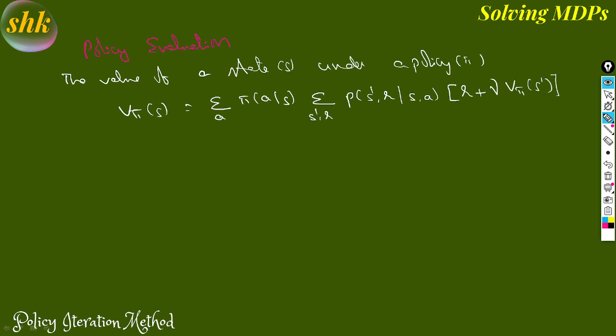For a particular action, whatever the next state is, we take as S dash. So policy evaluation is an iterative method.